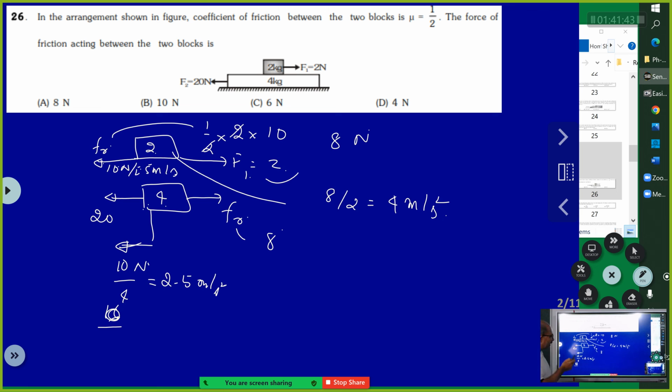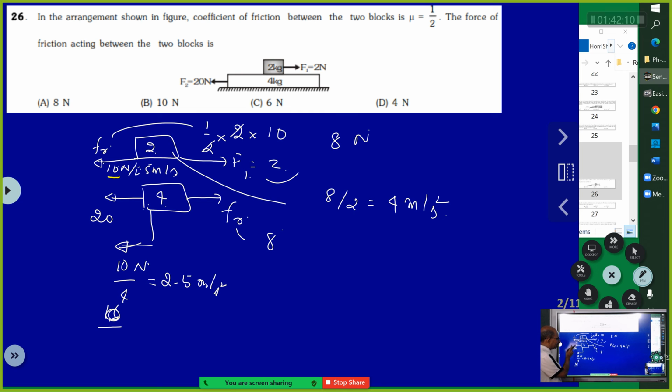They are asking you the force of friction acting between the two blocks. If the force of friction is 10 Newton here and 2 Newton is acting in this direction, then the net force on this side is 8.